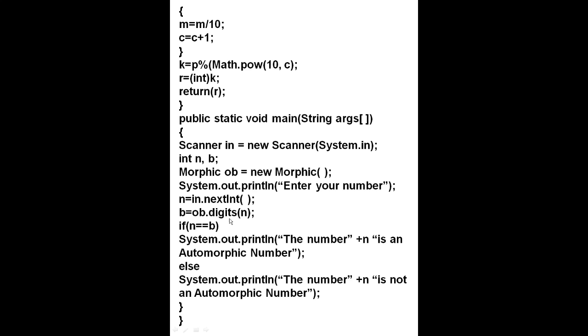If n, meaning the number which we have entered, is equal to b, the value returned by the object, which is the return value r, if both are equal, then System.out.println the number n is an automorphic number, otherwise the number n is not an automorphic number. This is the message which will be printed, which we are writing in double quotes, and here in place of n, the number which we have entered will be printed in the output.